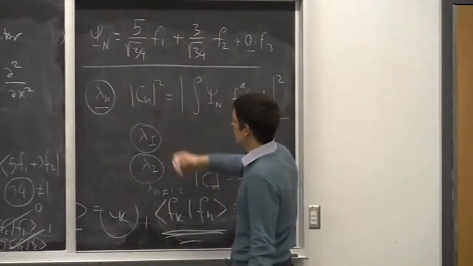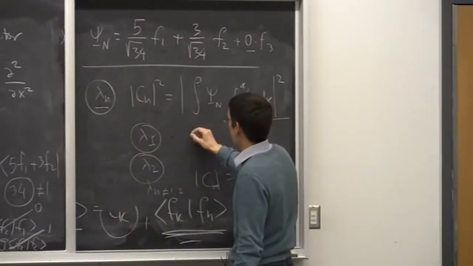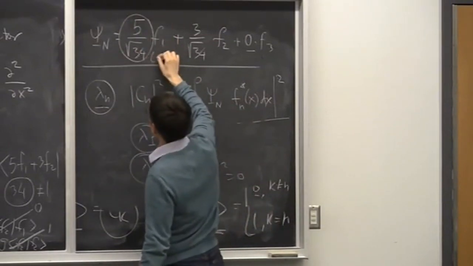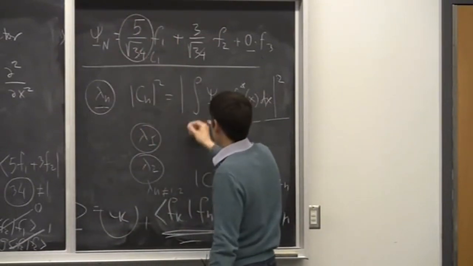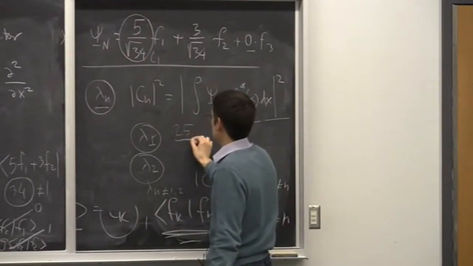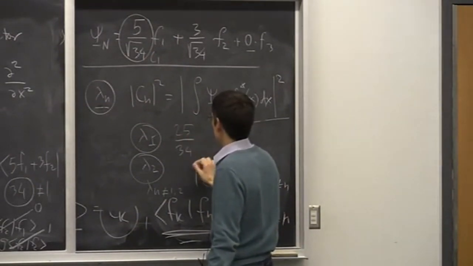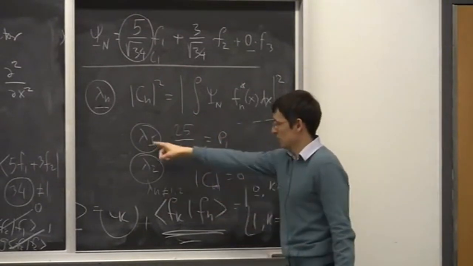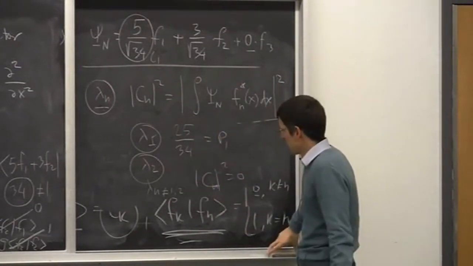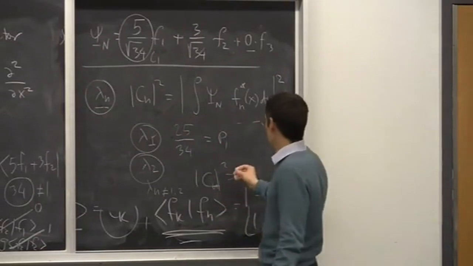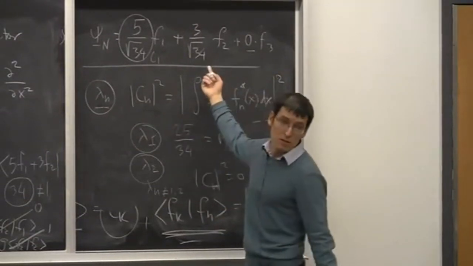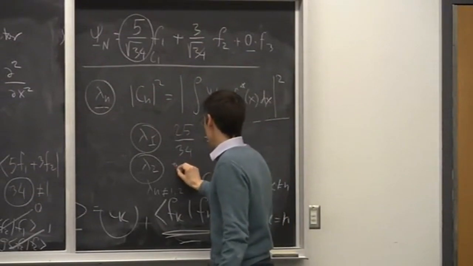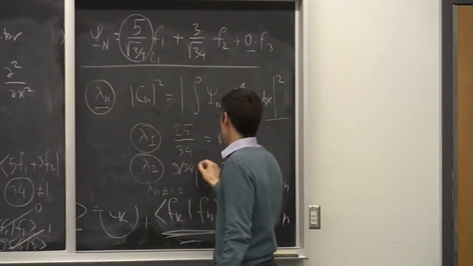And the probability of getting lambda 1 will be this coefficient, which is c1 squared, right? So what is it? 25 divided by 34. That's the probability of getting lambda 1. And the probability of getting lambda 2 is 9 over 34.